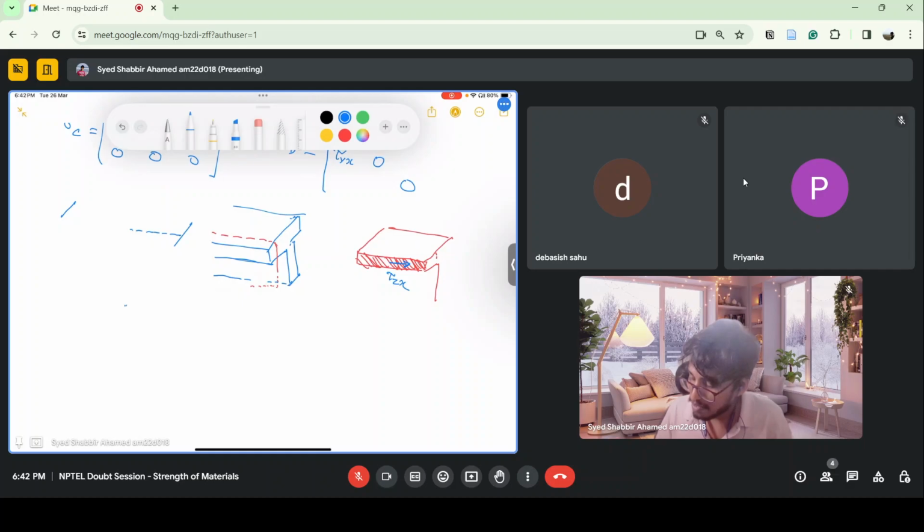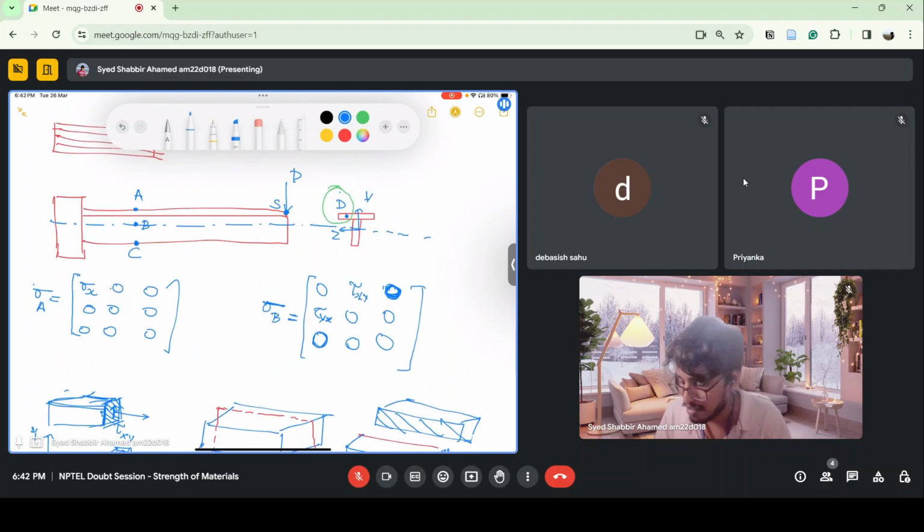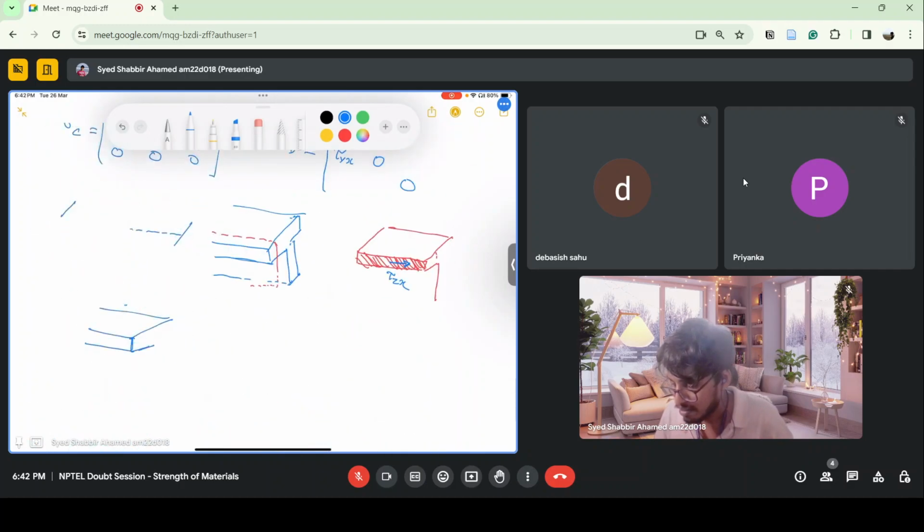For a rectangular beam, for the web section, we have seen that tau ZX is 0.